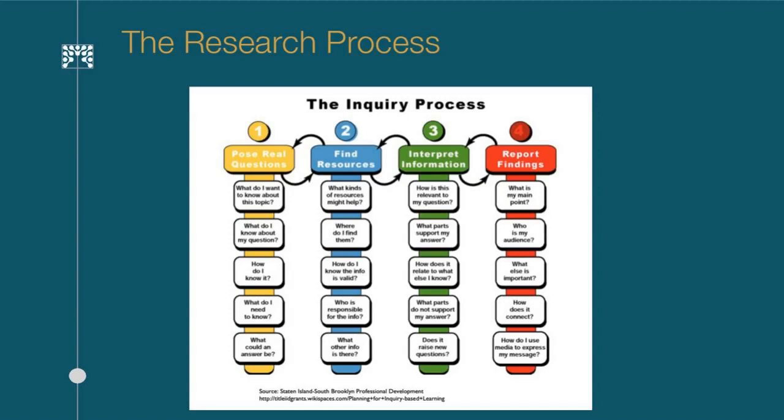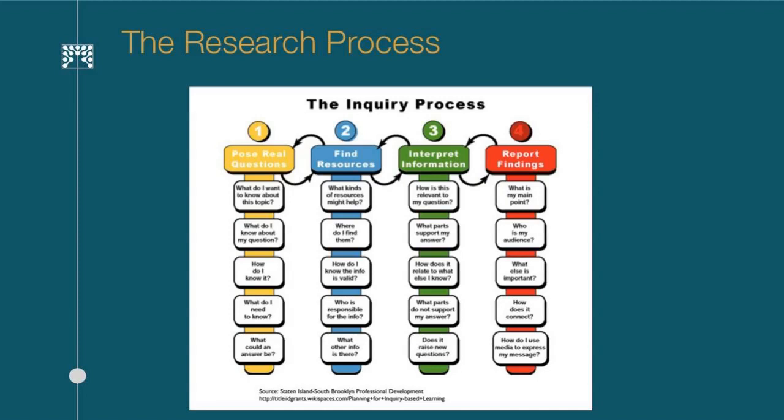Okay, so generally speaking, there are a couple things about the research process, which can also be called the inquiry process, as you see here, that are very important to keep in mind. So the first thing is that the process is iterative. It's not like a linear process where you go in, you do a search, you get some sources, and then you're done. It doesn't work that way.